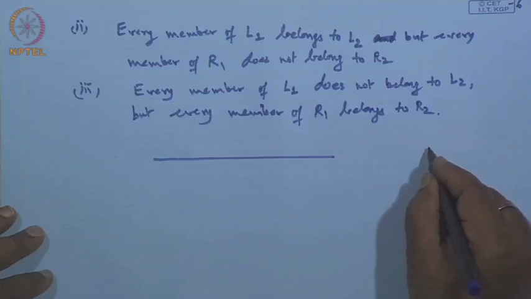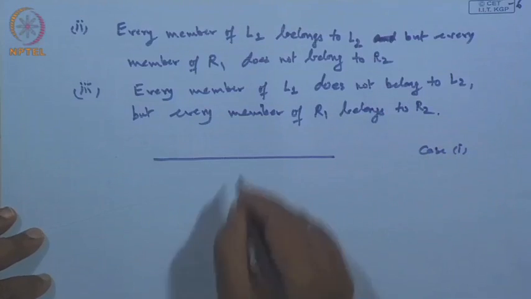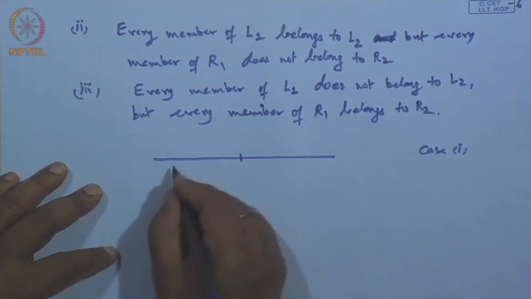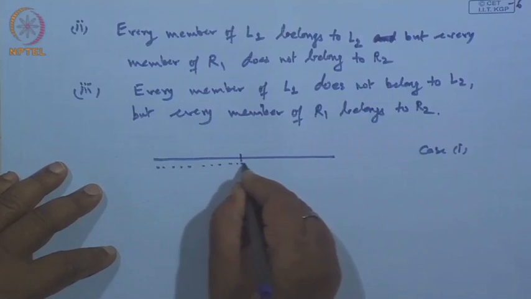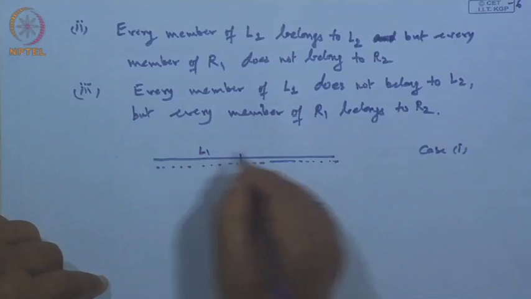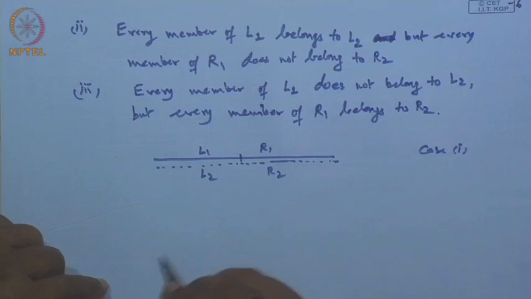This is the first case. Suppose these are two classes. This is our L1, this is R1, this is L2, this is R2.